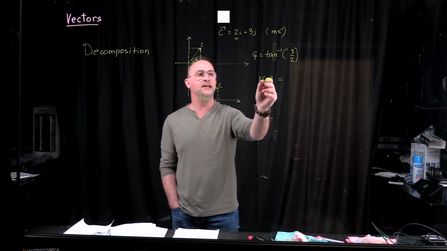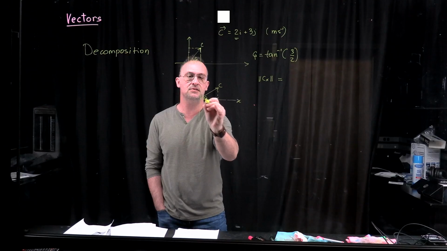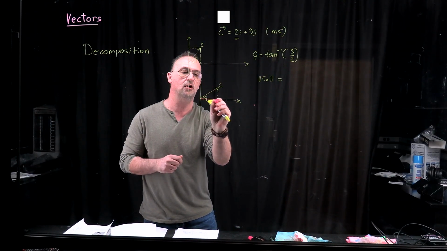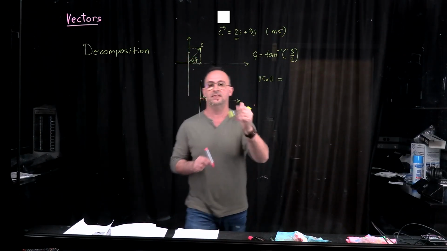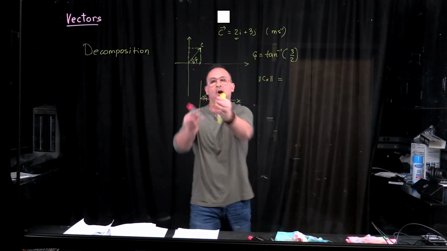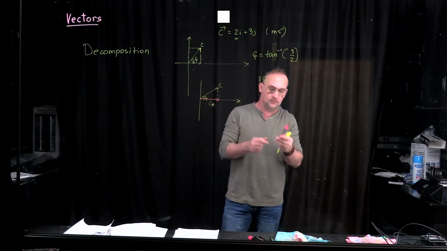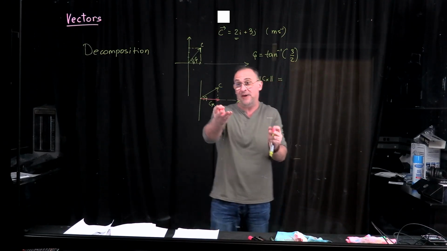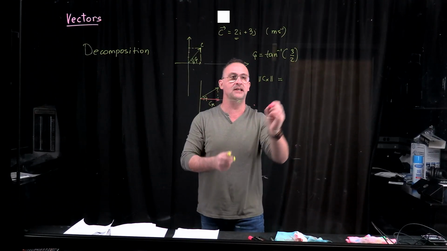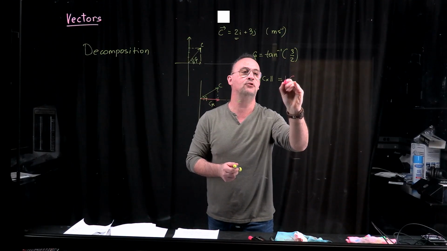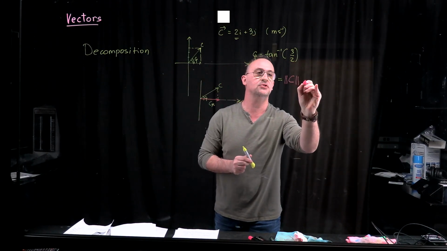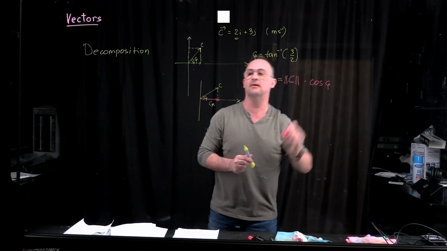Now, how would I define this C sub x, this part that we highlighted? When you decompose the vector on the x-axis, you have the C sub x, which is no longer a vector because we know its direction. We can sort of call it a scalar in terms of magnitude. So what is that? Would you agree that this is essentially the magnitude of the vector C times the cosine of the angle phi?